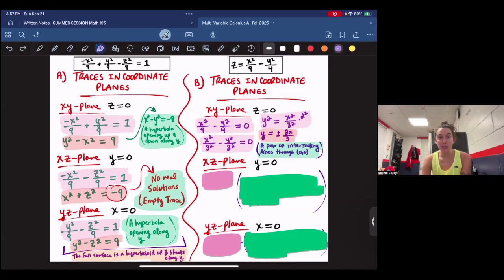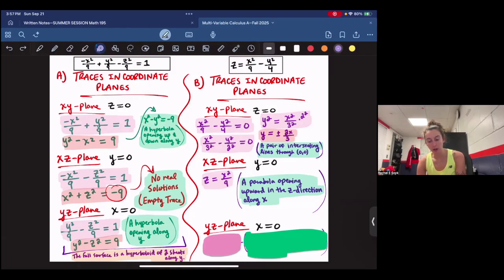Our xz plane, y is equal to 0 here. What do we end up getting? z is equal to x squared over 9, which is a basic parabola that stems at the origin. The origin is our vertex here. And so we have a parabola opening upward in the z direction along x.